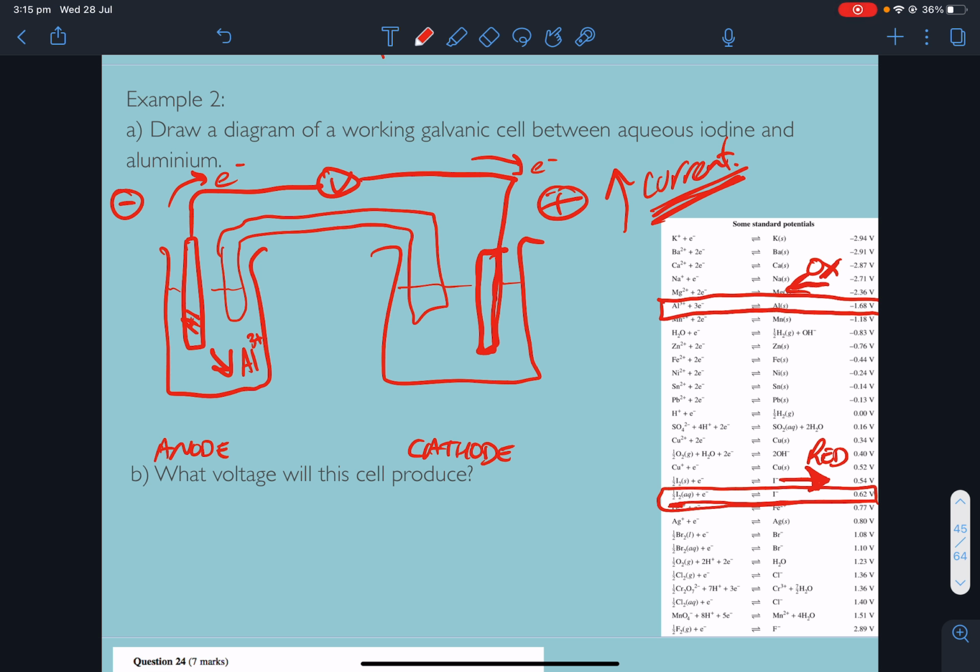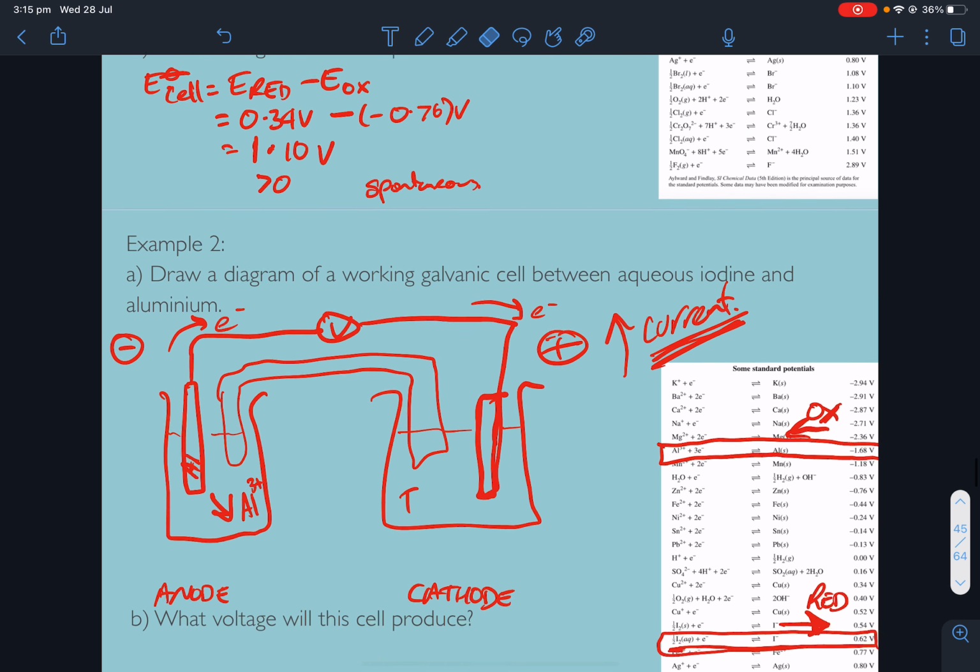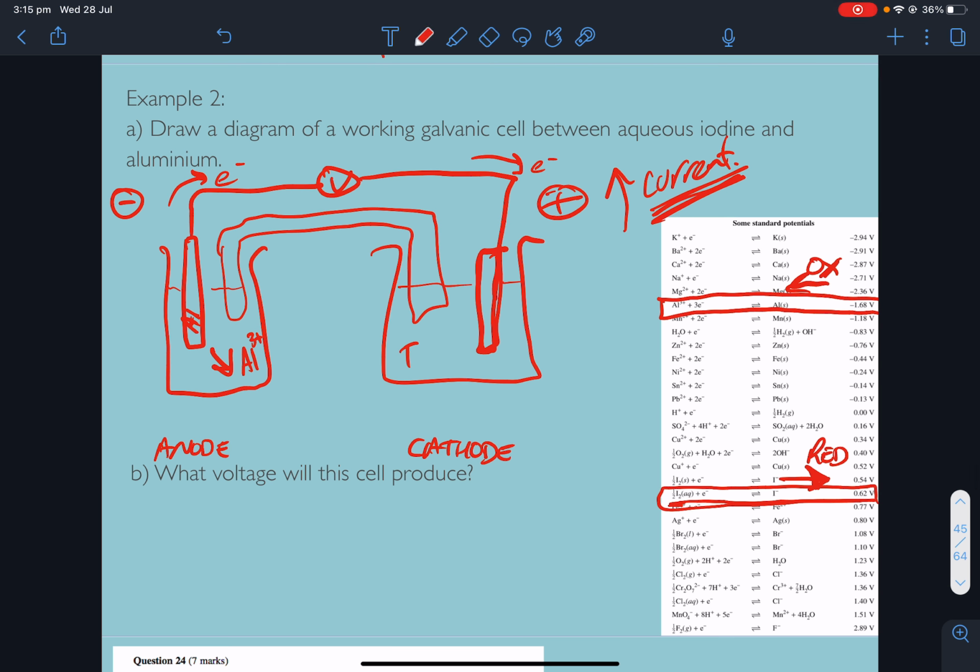And so here we're taking iodine. Oh, I forgot the 2. Oh, I'm scrolling. Sorry, guys. I2 aqueous. And it's going to, in solution, iodide.